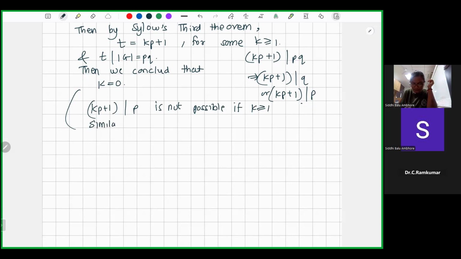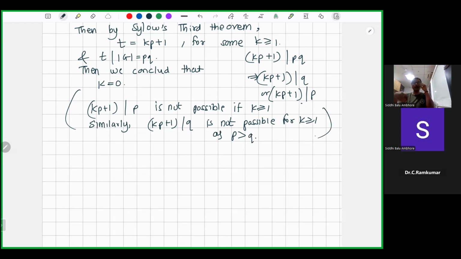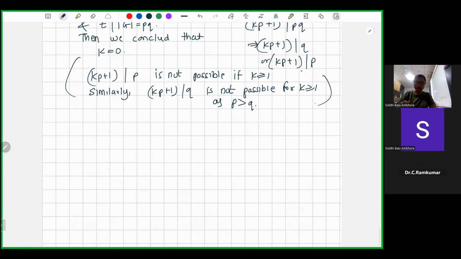Similarly, Kp plus 1 dividing Q is not possible for K greater than or equal to 1, as P is greater than Q. You can again check this and we will get that K is 0.